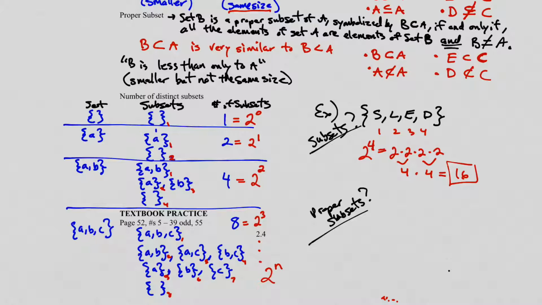Well, remember that the definition of proper is taking away the equal sign. It's taking away the set that is equal to itself. It's taking away the biggest set. Okay? So if we were to list these, we have to take away one set, and that is the set that is equal to itself.